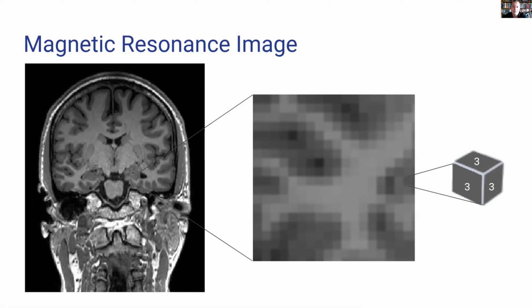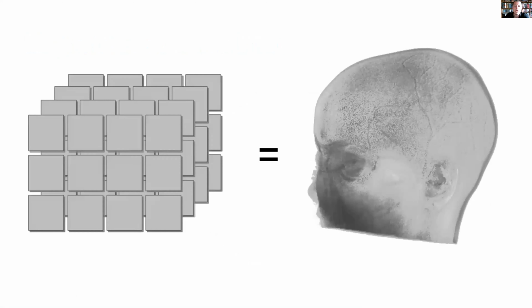And each one of these voxels contains a single value, which represents the intensity of that particular voxel. Now, the image itself is made up of sheets of overlapping tabular data, if you will.